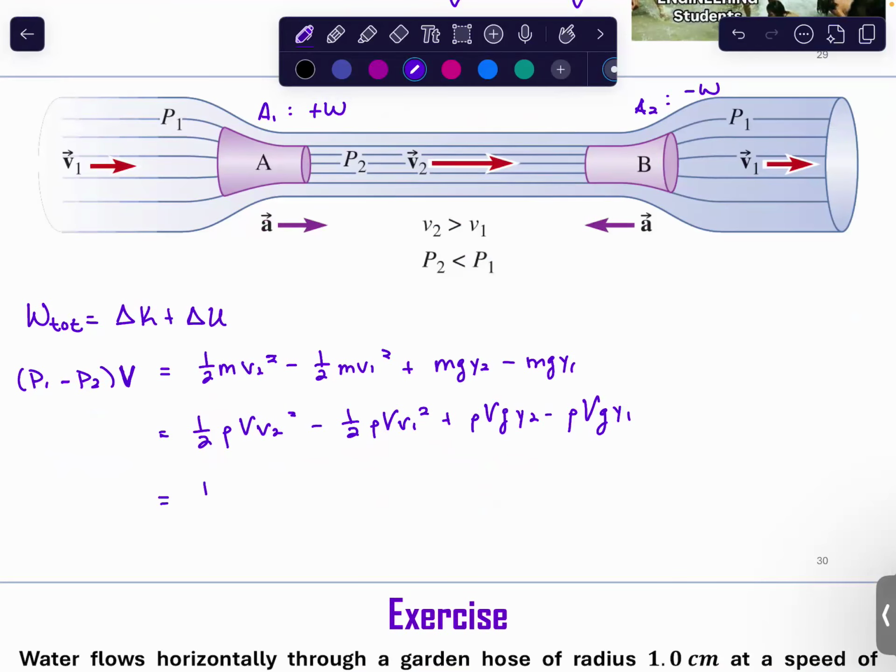And that's going to give us 1/2 rho times v2 squared minus v1 squared. So this is another way to write Bernoulli's equation.